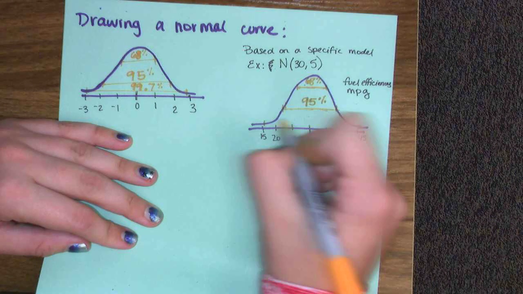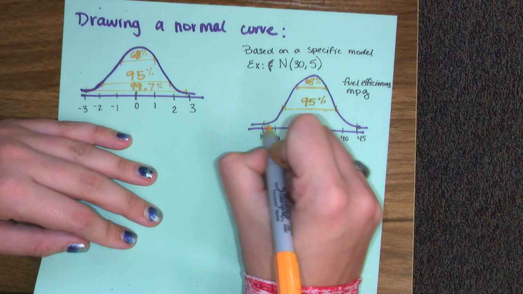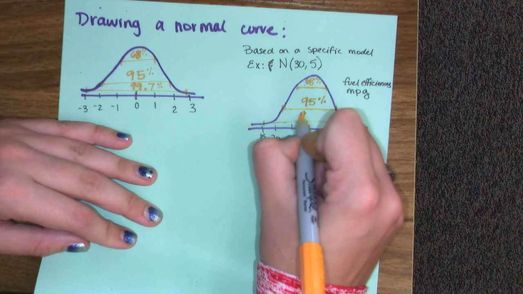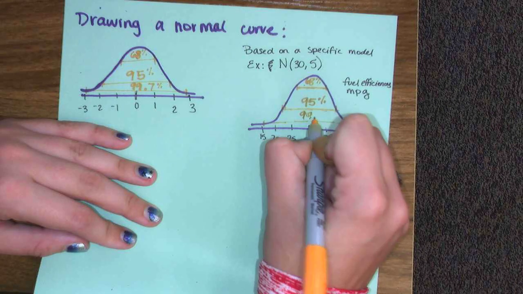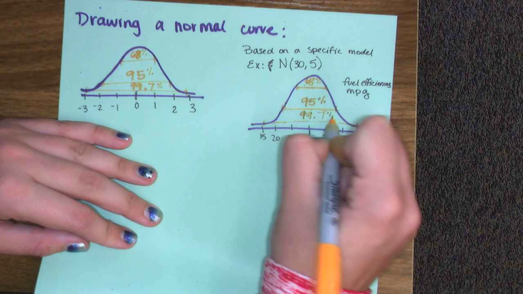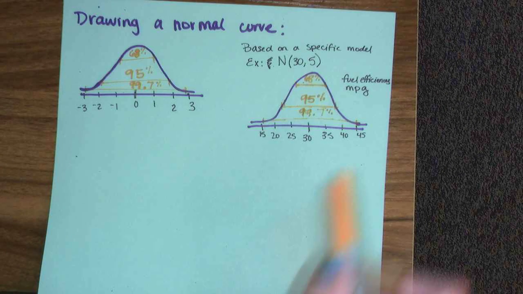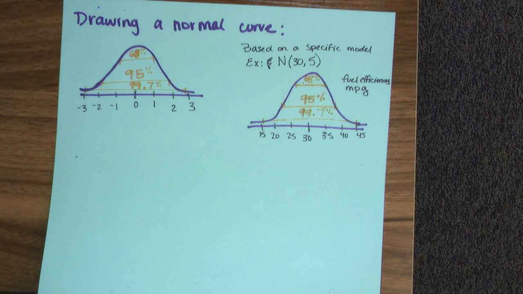From 15 to 45, you're 99.7%. By the empirical rule. And this was just a problem dealing with fuel efficiency in miles per gallon.